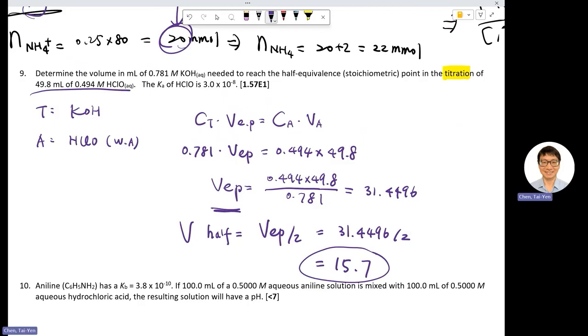If you don't have questions, I have a question for you. If you are at the half equivalence point, which is at zone 2, what kind of solution do you have? A buffer solution, right? If I ask you to calculate the pH of this, can you calculate it? Buffer, HH equation, right?